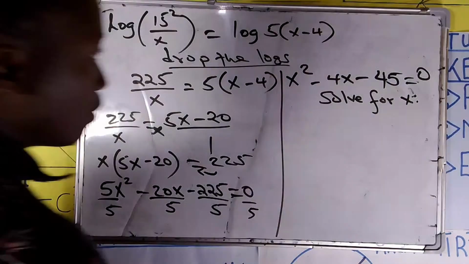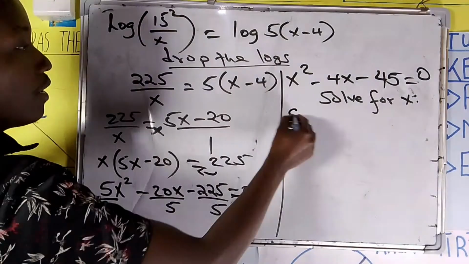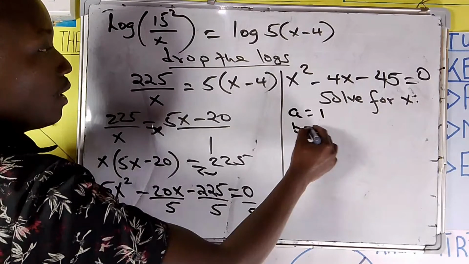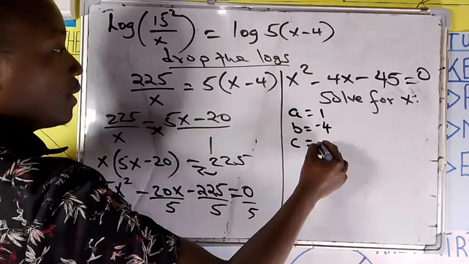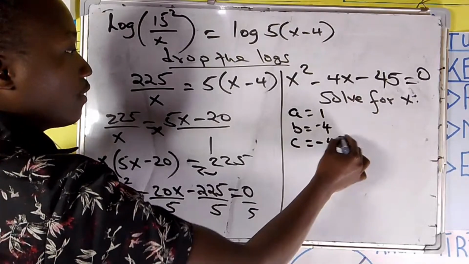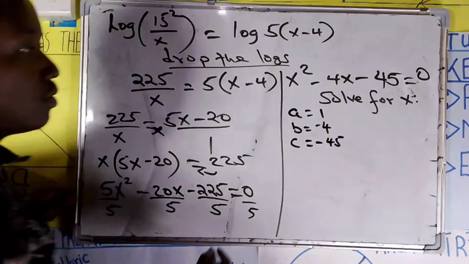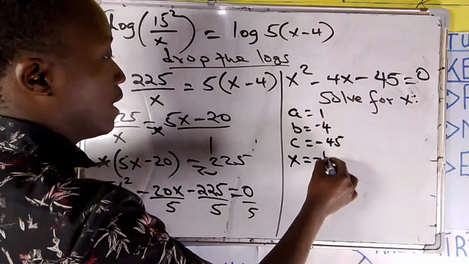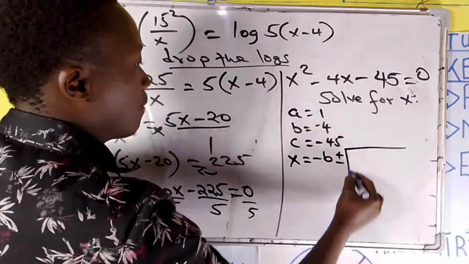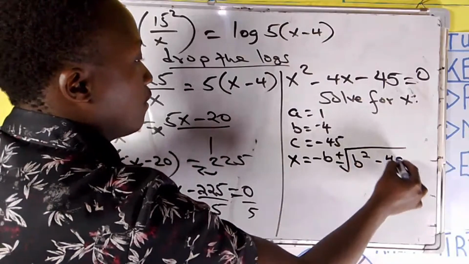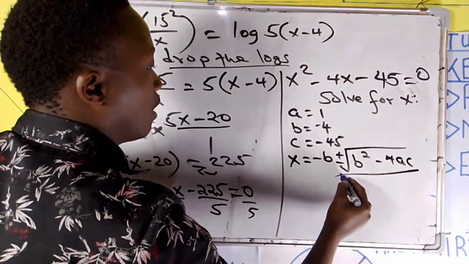And when we solve for x, we can have our a is 1, our b is negative 4, and our c is negative 45. So x is equal to minus b plus or minus square root of b squared minus 4ac over 2a.